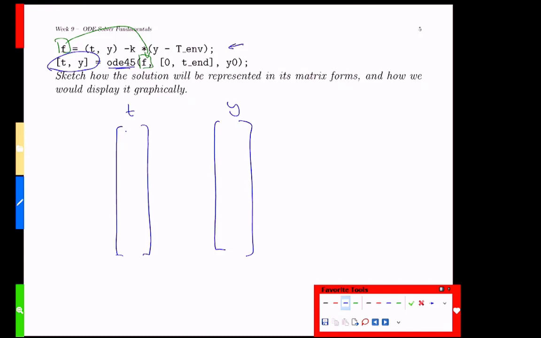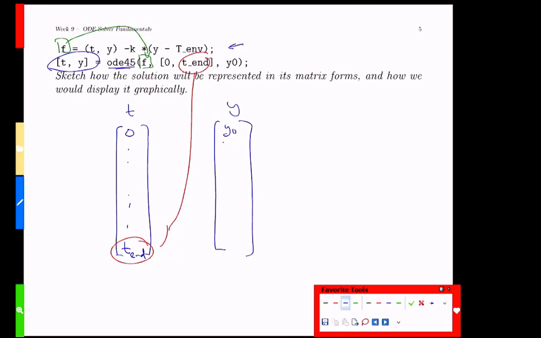The first t is going to be 0. There's going to be a whole bunch more t's. And the last one is going to be our last time, whatever we said t end here was. And so we're going to get a bunch of predictions of time values and the temperature at that time.